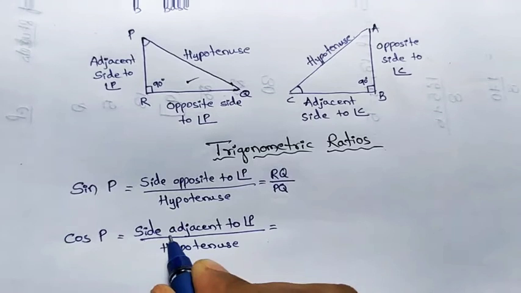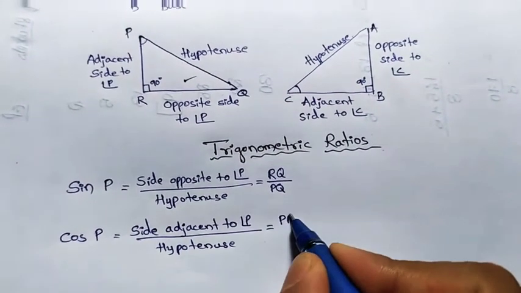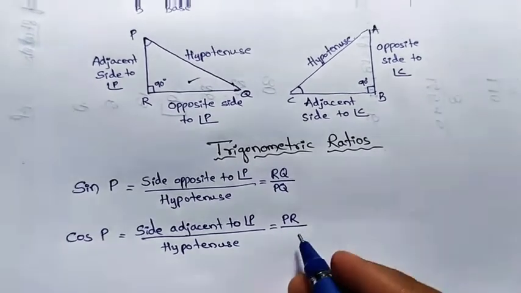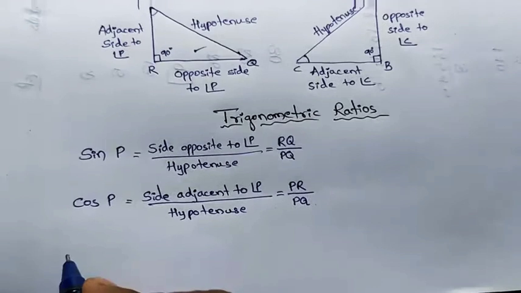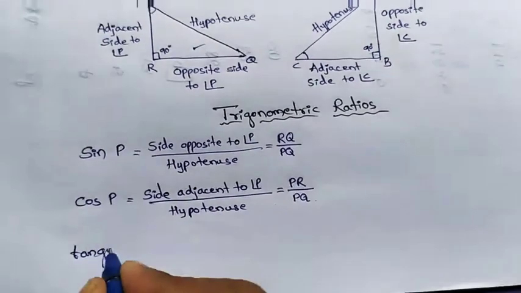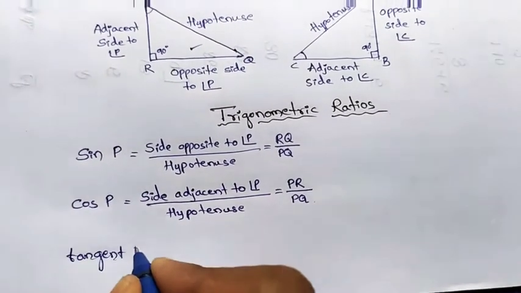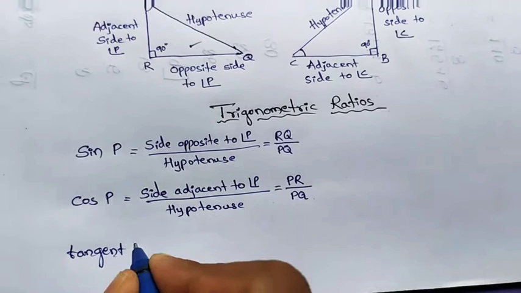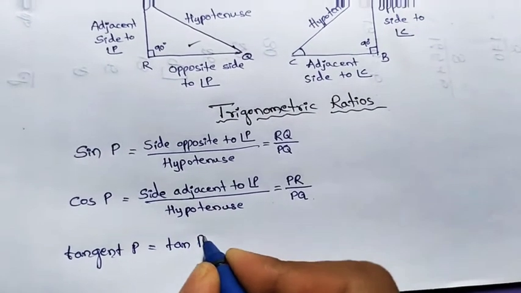Adjacent to P is PR, and hypotenuse is PQ. The next one is tangent, in short tan P.